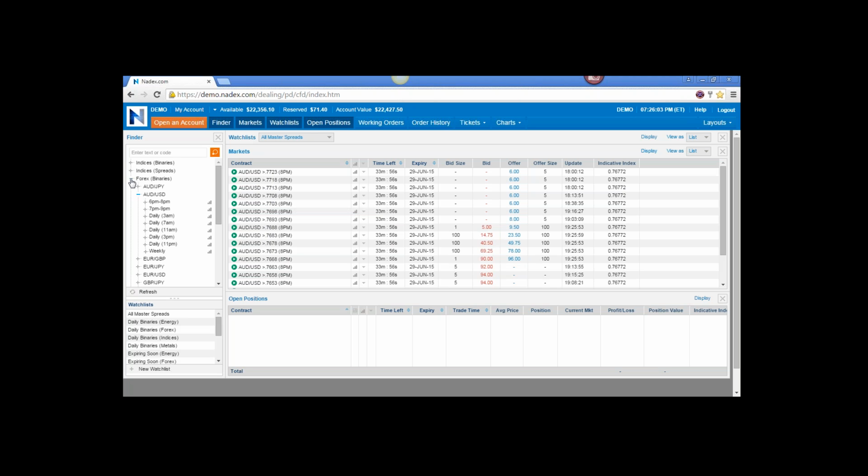On commodities, you've got oil, gold, natural gas, copper, silver, soybeans, corn. You've got all kind of stuff. You've got stock indexes. You've got 10 different Forex pairs right here that have binary contracts on them, and then you've got the 4 different pairs that have 5 minutes.